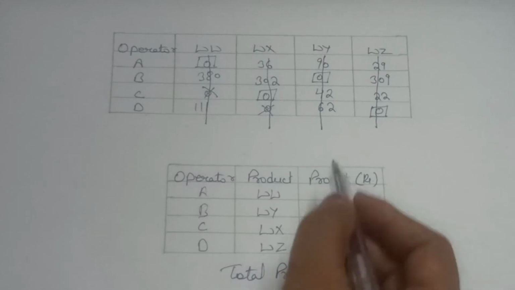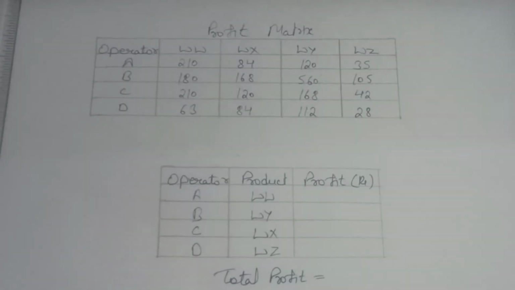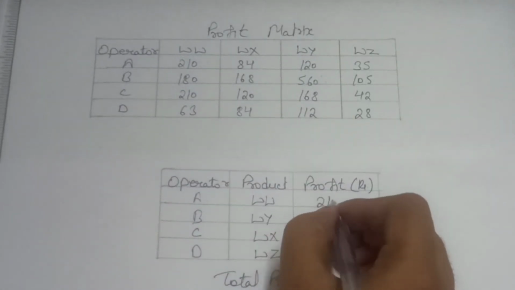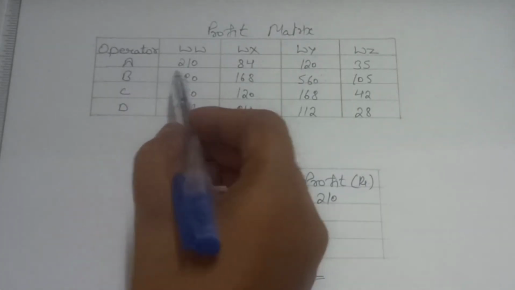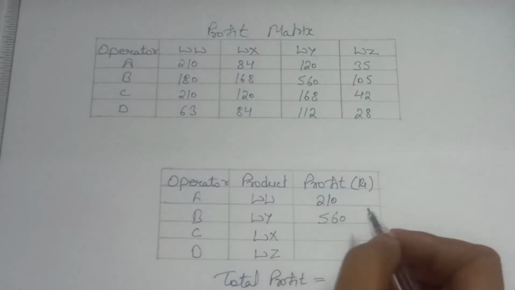Now we will have to write here profits. We will write profit from the original matrix. As you can see, for A operator and this product, profit is 210. For B operator and product WY, profit is 560.